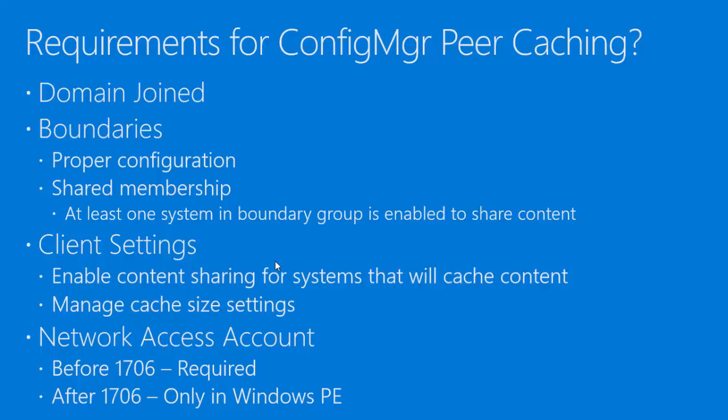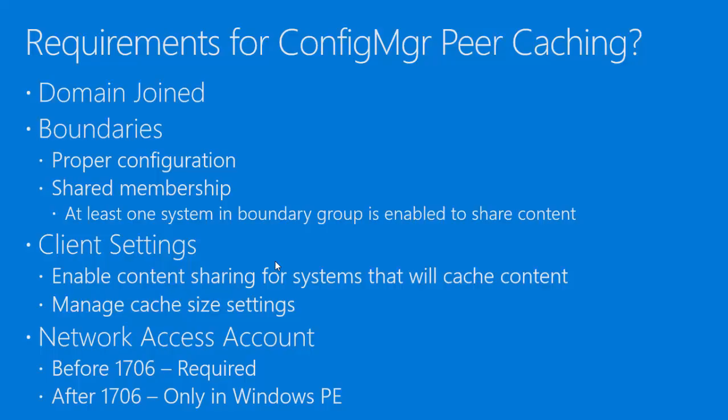And there's some pre-work you would want to do here. Look through the various systems that are available and decide which one or ones should be enabled for peer caching. I keep saying branch caching because we have a component called BranchCache in Windows.